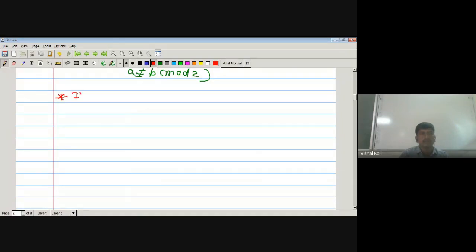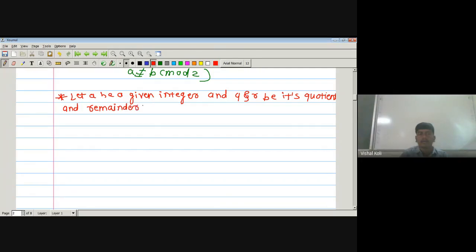Let a be any given integer, and q and r be its quotient and remainder when divided by n.